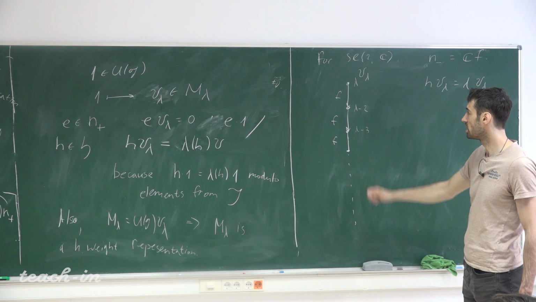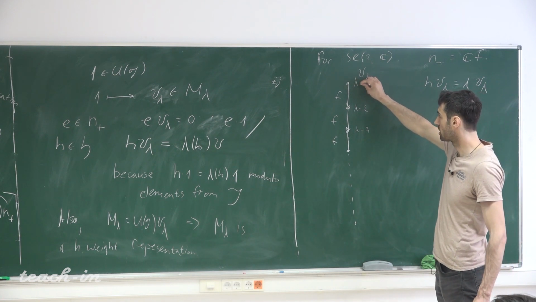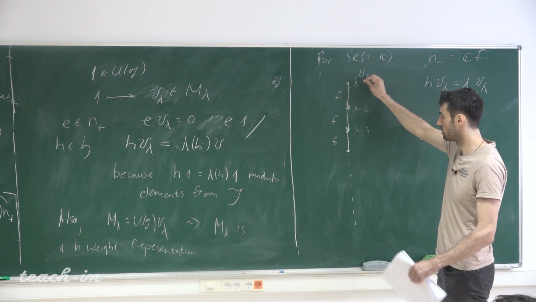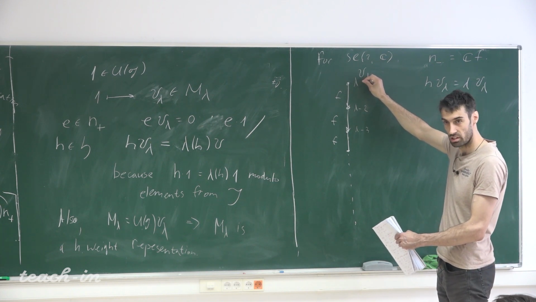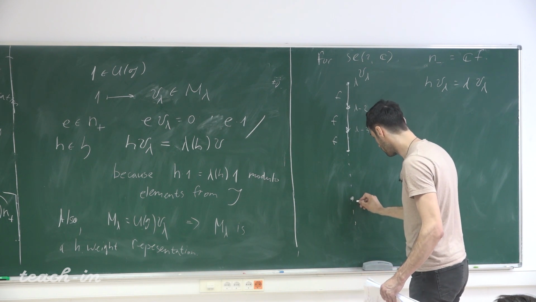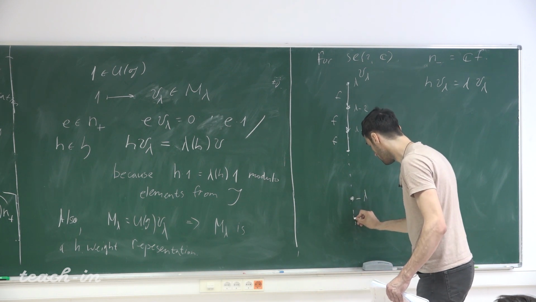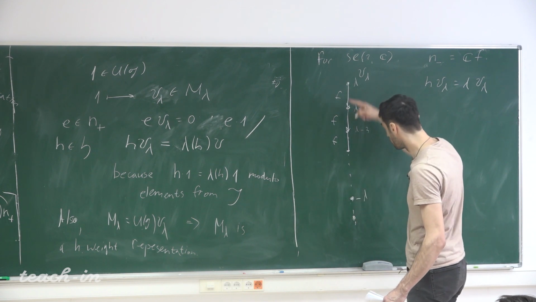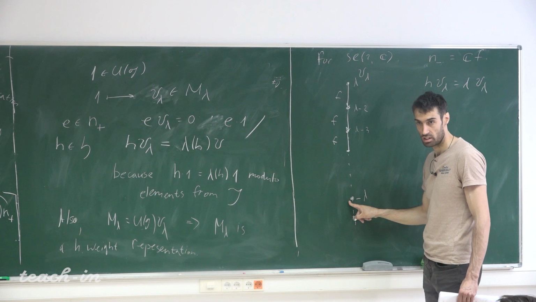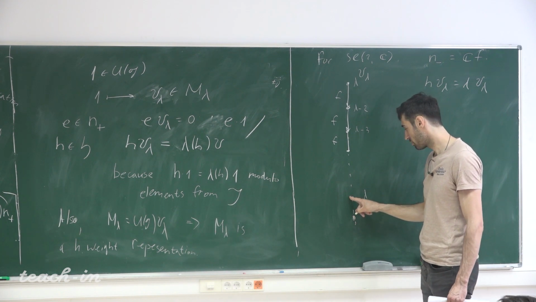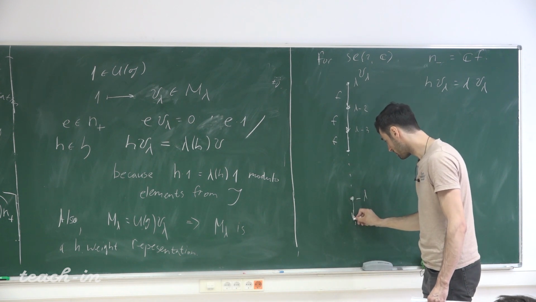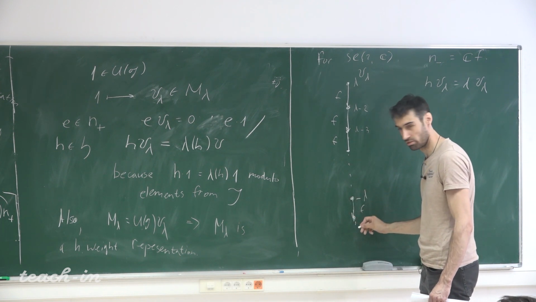And so the whole idea is that if my lambda now becomes a positive integer, then the Verma module becomes reducible. In a finite dimensional representation, I stop here, right? But in the Verma module, I can go further down. So this is still not 0 in the Verma module.